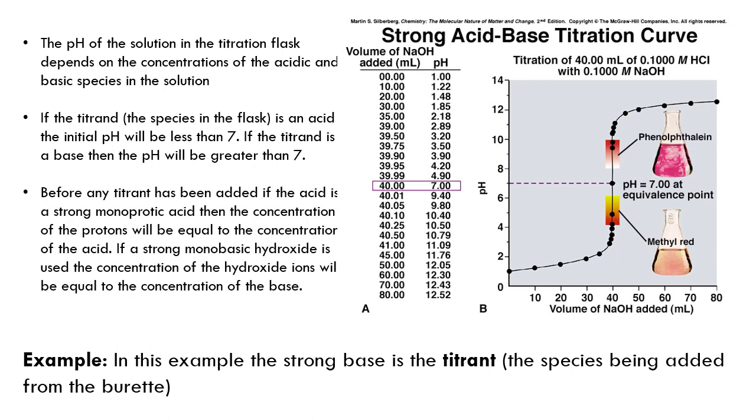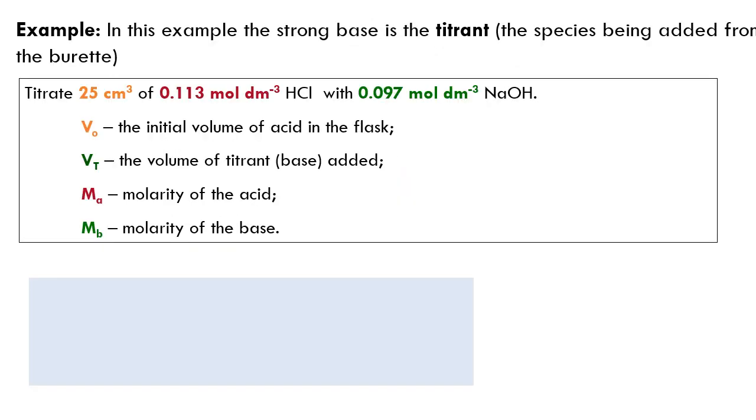Before any titrant has been added, if the acid is a strong monoprotic acid, then the concentration of the protons will be equal to the concentration of the acid. And if it's a strong monobasic hydroxide, then the concentration of hydroxide ions will be equal to the concentration of the base. Now, in the example we're going to look at in a second, the strong base is the titrant, so it's the species being added from the burette.